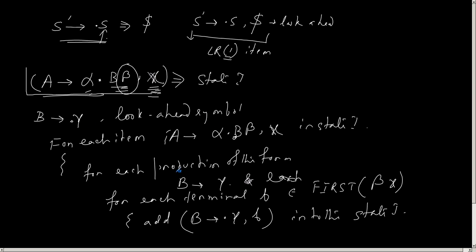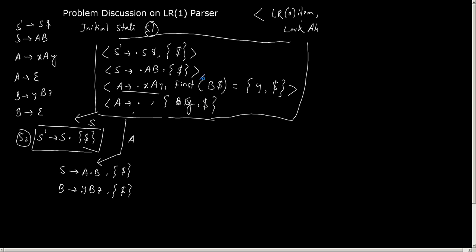For each production of the form B is equal to gamma, I check what is the first of beta X. Here my beta is dollar, and hence the look ahead symbol for this is the first of dollar, and hence it is dollar. This is the end of the input string.